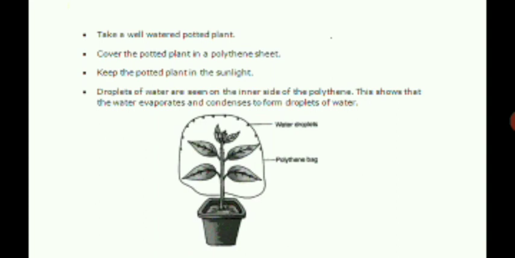We keep the setup under sunlight for a few hours. After a few hours, what are we going to observe? We can see droplets of water on the inner side of the polythene bag. This shows that water evaporates from the leaves or the aerial parts of the plant, comes in contact with the polythene bag, condenses and forms droplets of water.